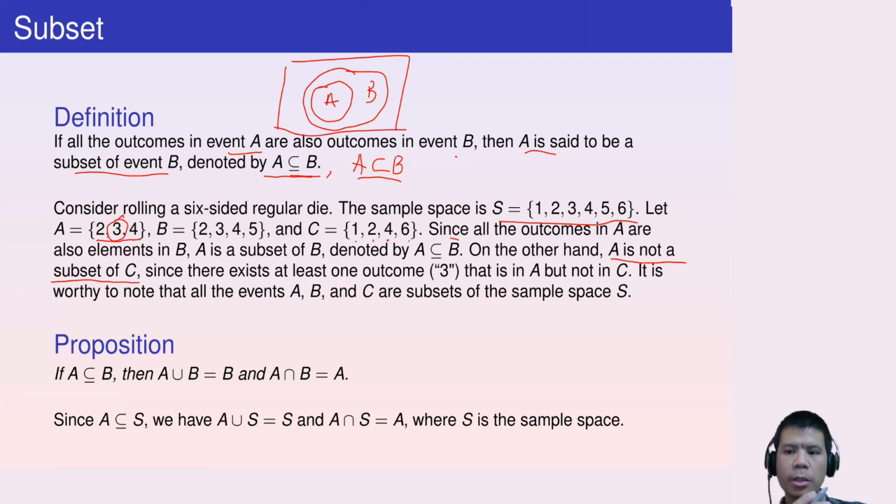So the existence of 3 here that is in A but not in C means not all the outcomes in A are also outcomes in C. There exists an outcome in A that is not in event C. So at least one outcome, 3, is in A but not in C. Therefore we say that A is not a subset of C.